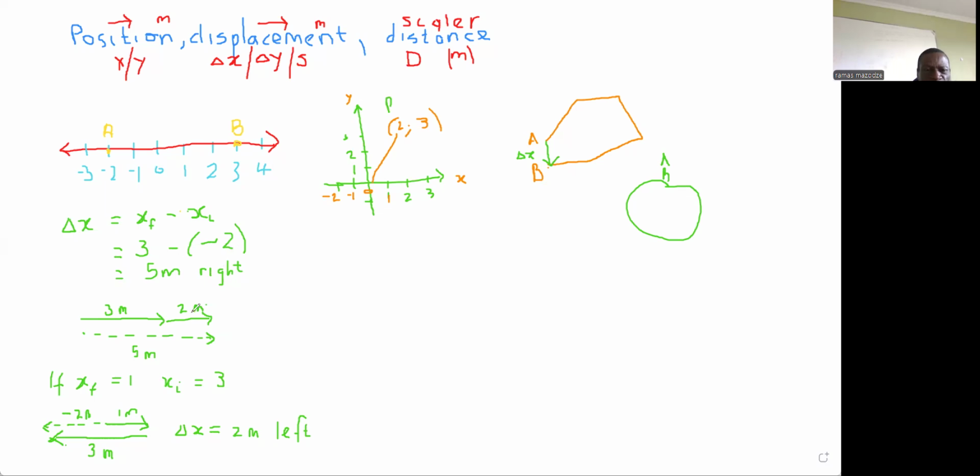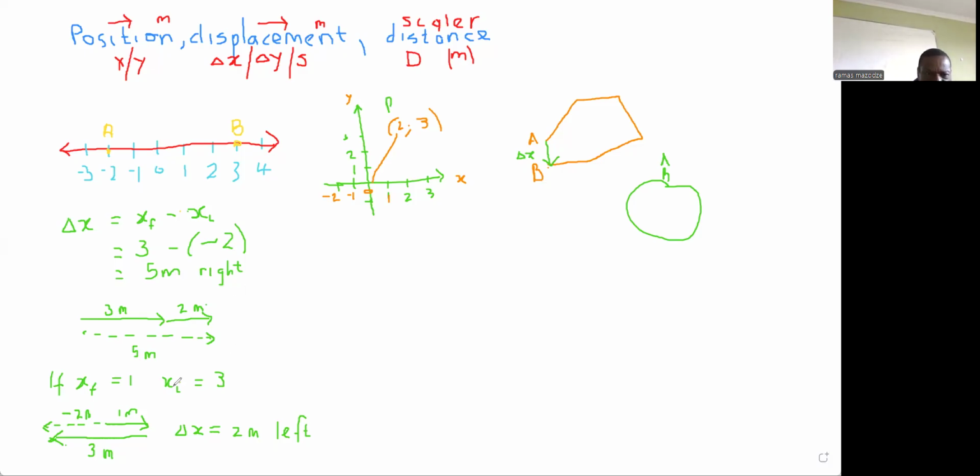Now it's plus 2, so you add 2 more, tip to tail. Remember how you add vectors. The resultant must be tail to tail with the first vector you draw and tip to tip with the last vector you draw. So therefore it's 5 meters to the right. To save time, instead of saying 5 meters to the right, you can just say 5 meters right.